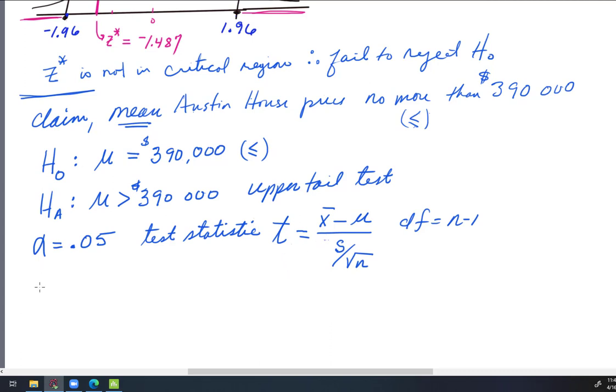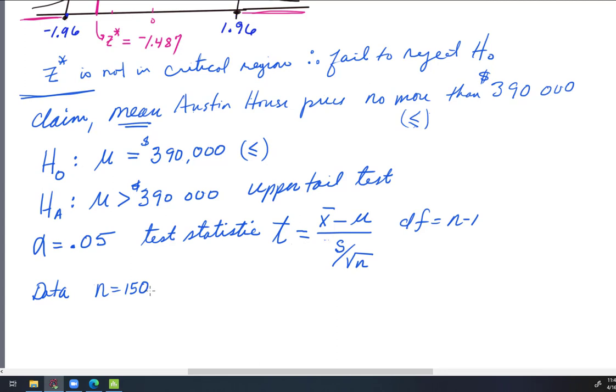So what's the next? We gather data. Suppose with me that when we gather data, we take a sample of size 150 houses. We randomly select 150 houses that have recently sold, and then we look and see what their selling price is.